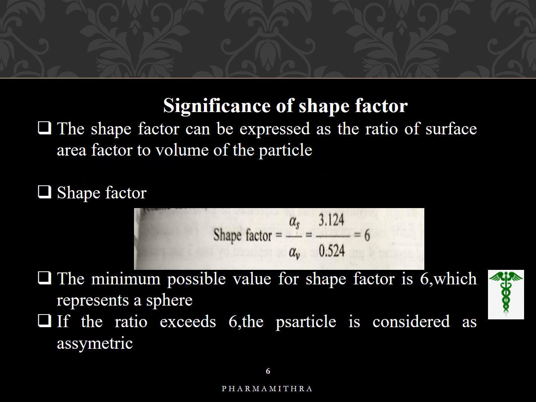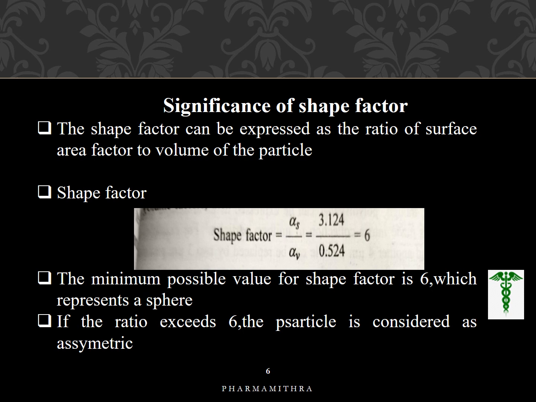Next one, shape factor. This is a term you can see in the chapter micromeritics. It is a term relating the surface area to the volume of the particle. Shape factor is a ratio of the surface area factor, alpha s, to the volume factor, alpha v.